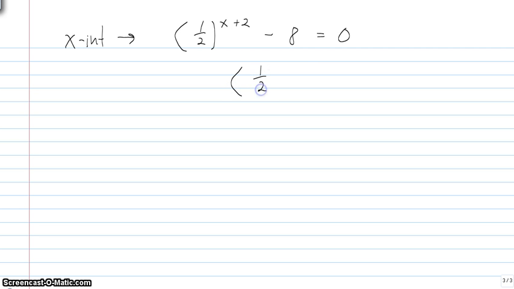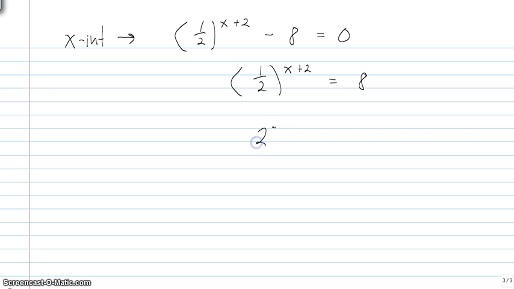Okay, and so for the x-intercept, set the entire function equal to 0. And so I'm going to add 8 to the other side. And then I'm going to attempt to get base 2 on both sides.